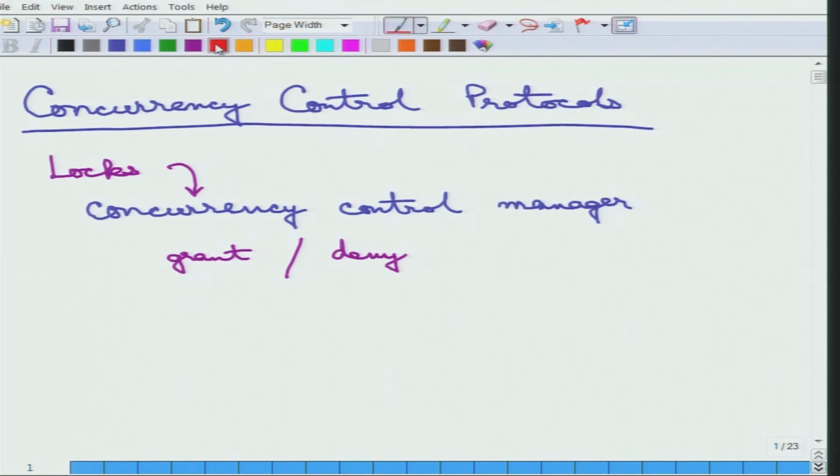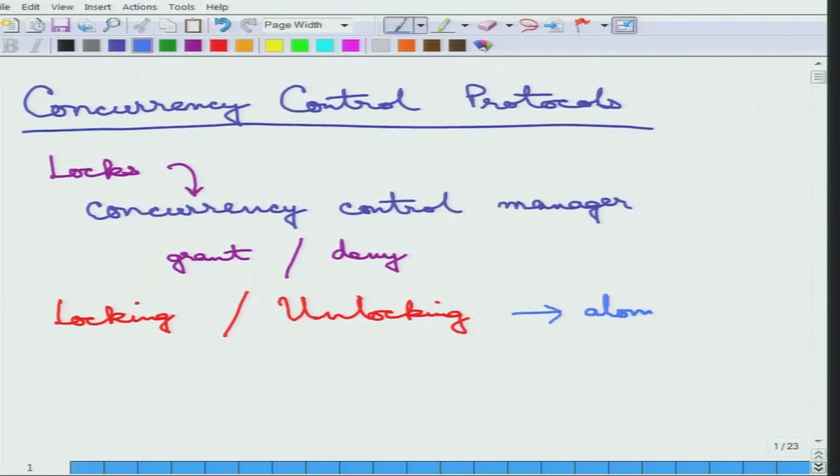One very important thing is that the operation of locking a data item by a transaction, as well as the operation of unlocking the data item by a transaction, must themselves be atomic. So it cannot happen that two transactions are trying to lock a particular data item and both get it.